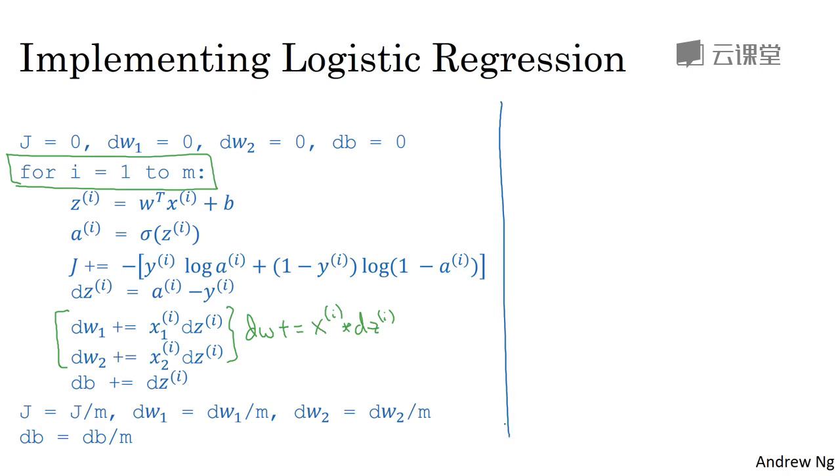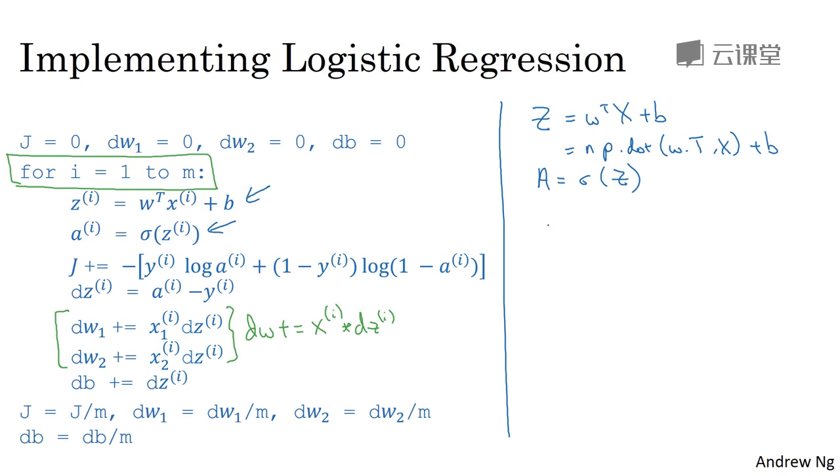Using what we had from the previous slides, you would say capital Z is equal to W transpose X plus B, and the code you write is capital Z equals np.dot(W transpose, X) plus B, and then A equals sigmoid of capital Z. So you've now computed all of this for all the values of i.